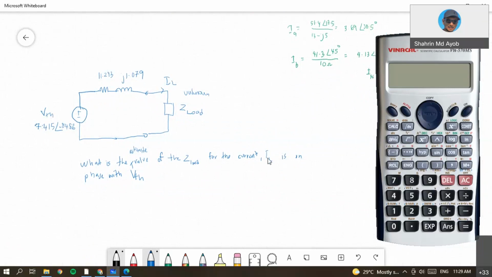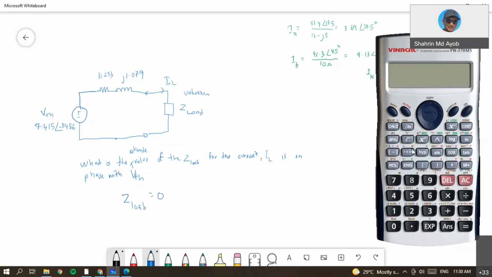What should the load be? You can just give the value from the circuit. One of your friends says that the value is 0. So okay, Z load is 0.